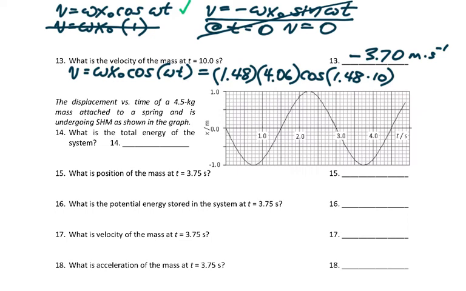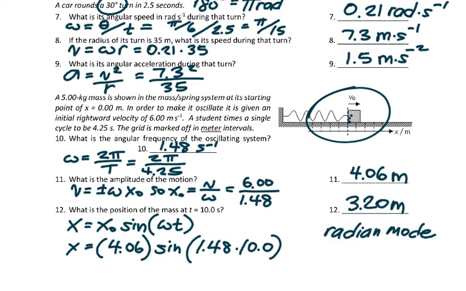Let's think about the time of 10 seconds, especially considering the period of the system is 4.25 seconds. If you divide 10 by 4.25, that gives you about 2 1/3. So that's like 2 1/3 cycles, there's 1, 2, and then a third. So half a cycle would be out and back.